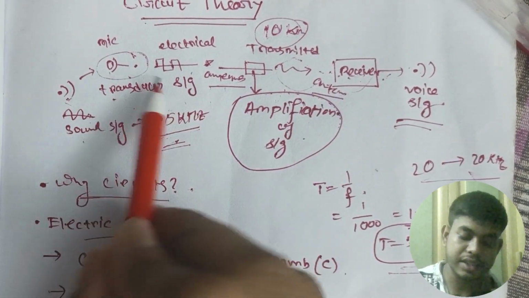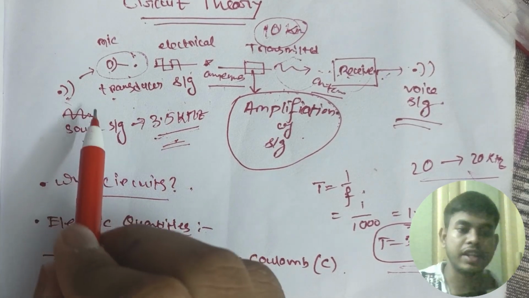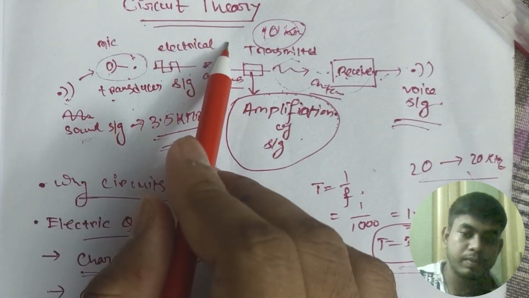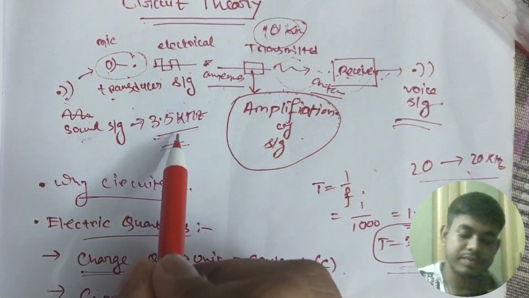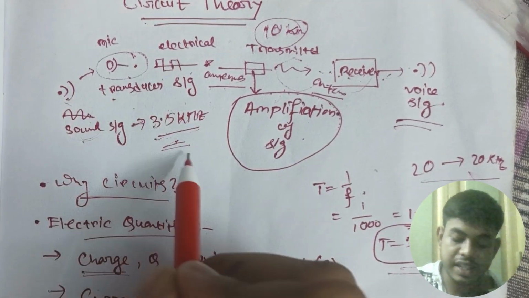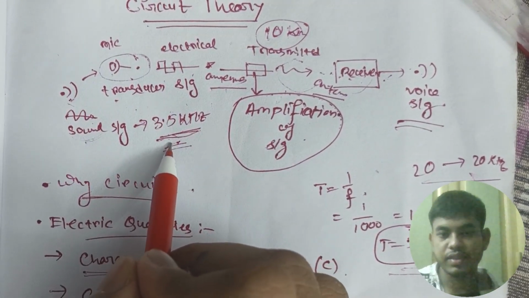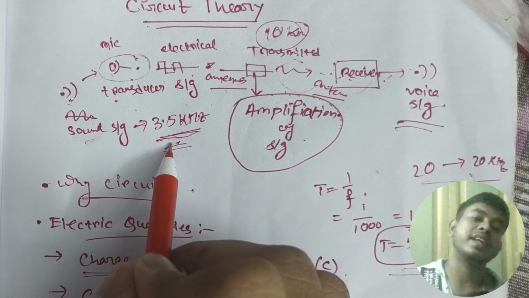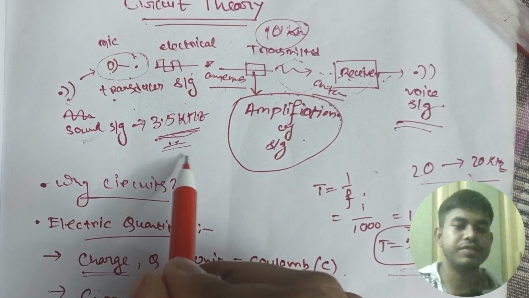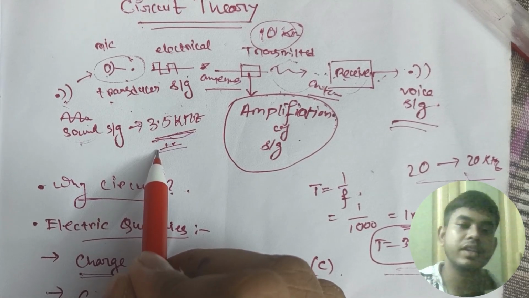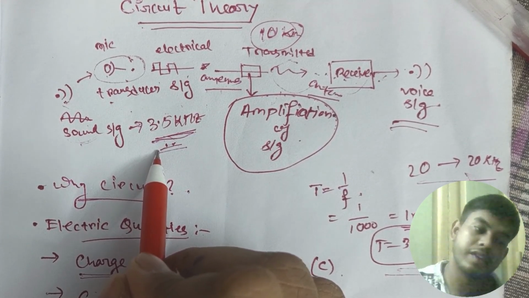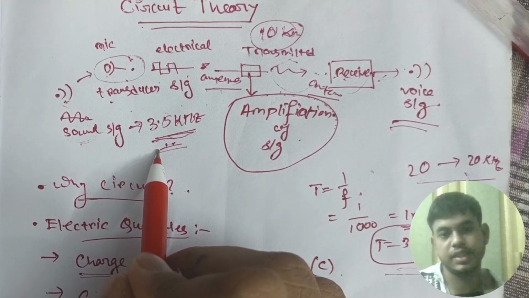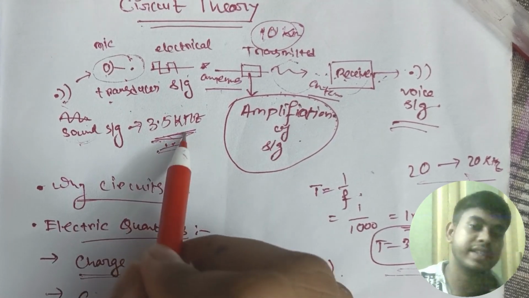Whatever you convert, the signal's frequency will remain the same, or else you will make some other kind of signal. If the signal frequency is not the same, then you are distorting the signal. You are not transmitting the exact signal.